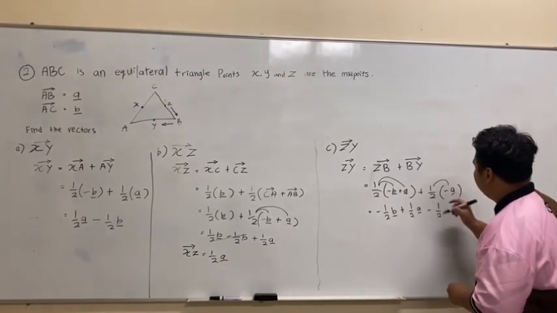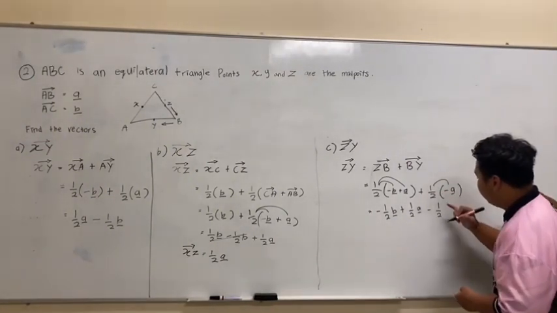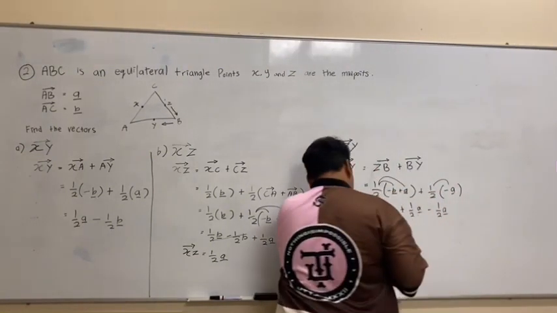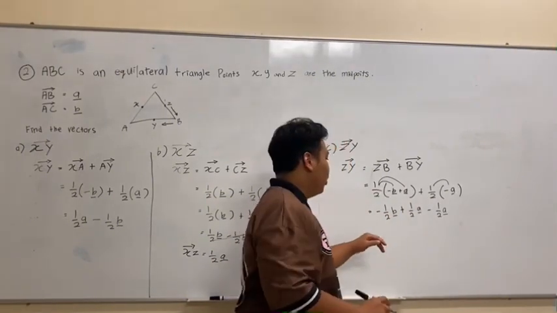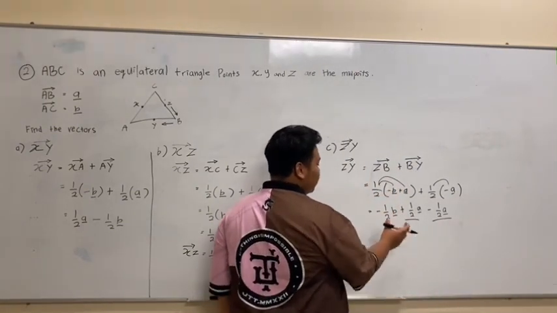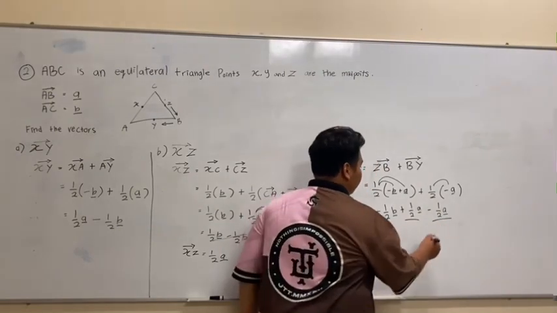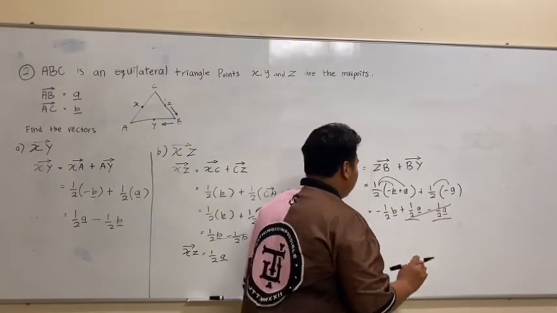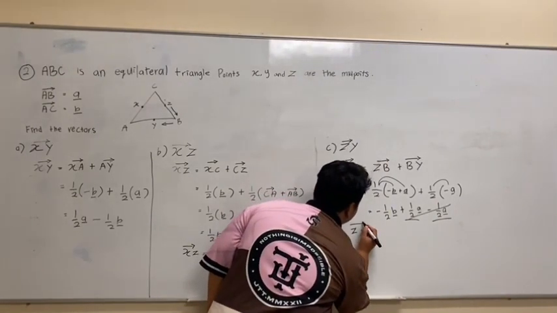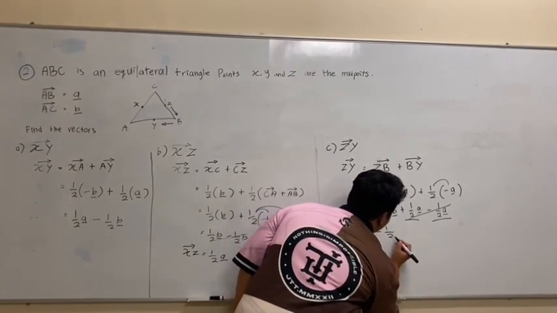So positive 1 over 2 A minus 1 over 2 A is done, it will be 0. So the final answer of vector ZY will be magnitude negative 1 over 2 B.